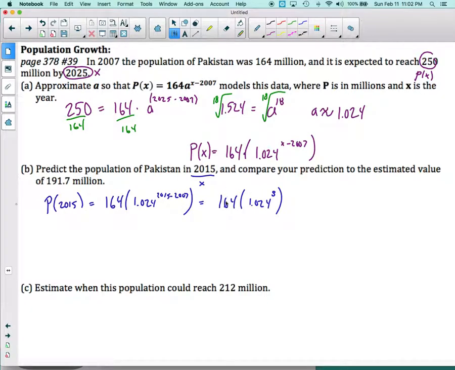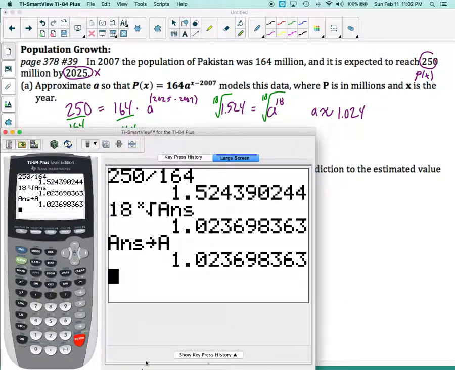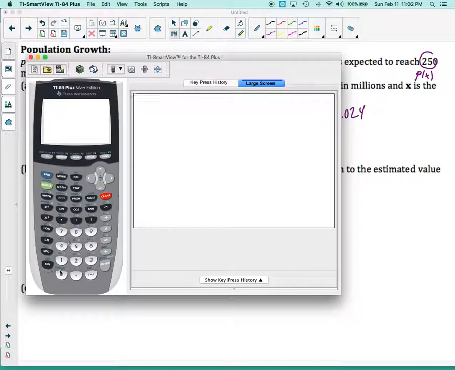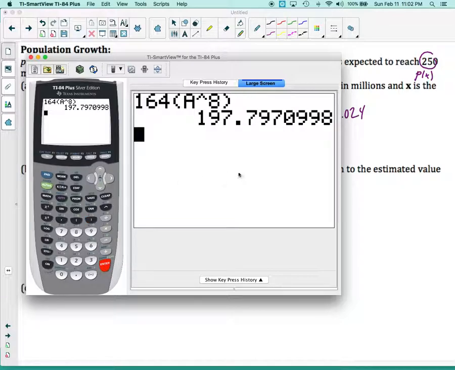You can either type this into your calculator or you can use the stored value that you have from before and see what you get. So 164 times A to the 8th power. Might be interesting to see how it compares if we do just the rounded value, 1.024 to the 8th.